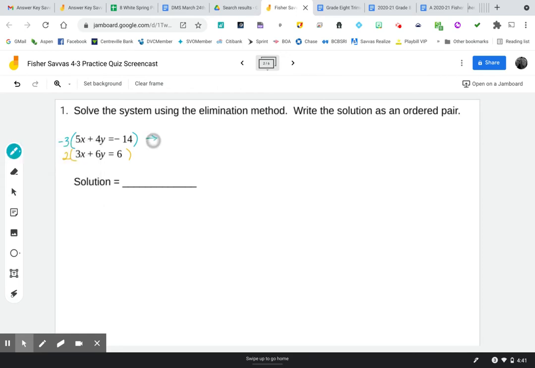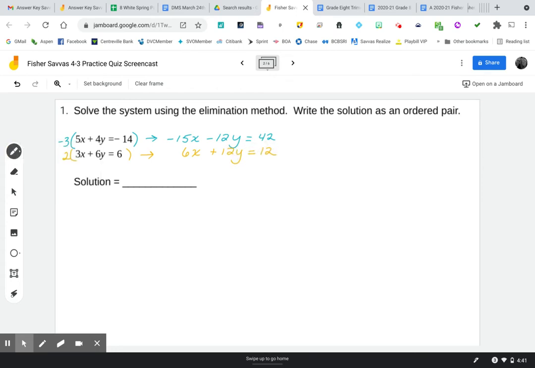All right, so if I multiply the top equation by -3, I will have -15x minus 12y is equal to 42, because -3 times -14 is a +42. And then in the bottom equation, if I multiply the entire equation by 2, I will have a +6x plus 12y is equal to 12.